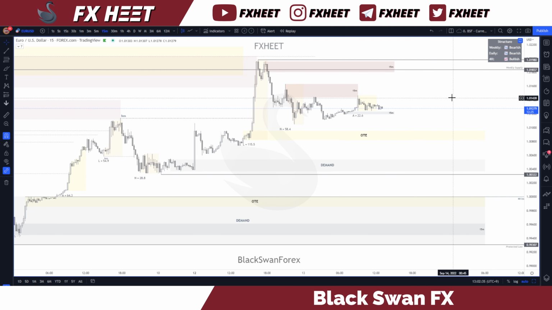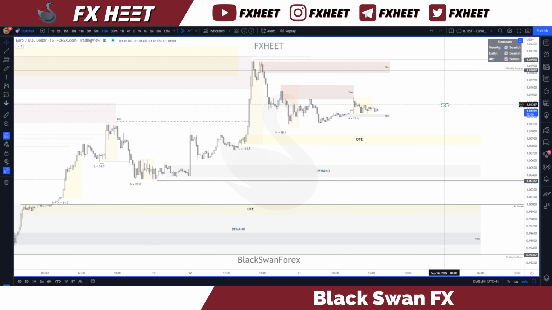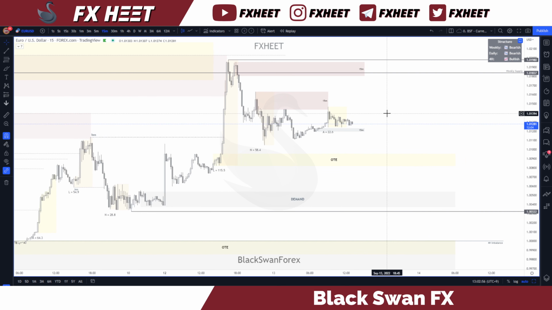So as I said, I can see a couple things happening in this area. I actually have some mixed feelings, but they're kind of opposite scenarios. For the bearish scenario, I would like to see a pullback before expanding to the downside.